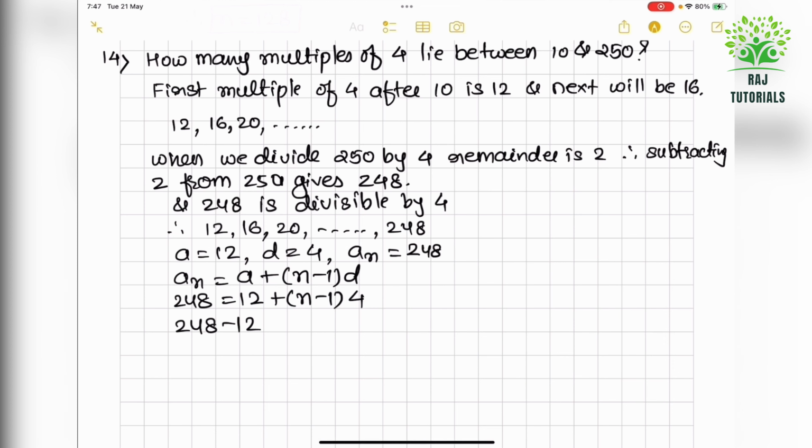So 248 minus 12 divided by 4 equal to N minus 1. So N minus 1 will be equal to 59. So N equal to 60. So I can say there are 60 numbers which are divisible by 4 between 10 and 250.